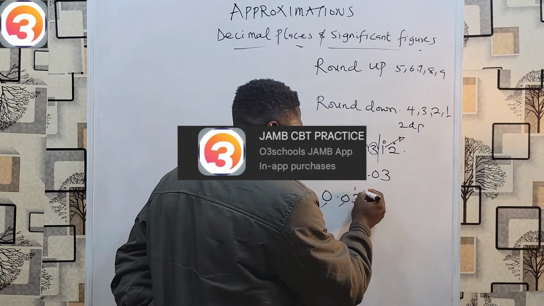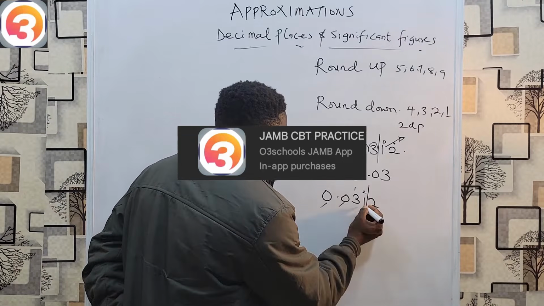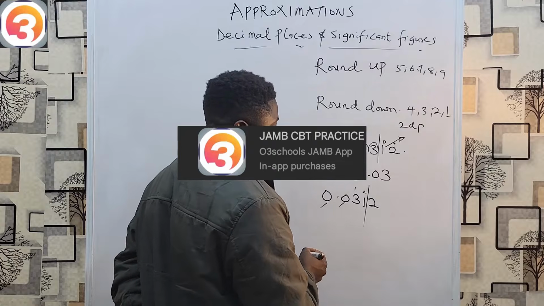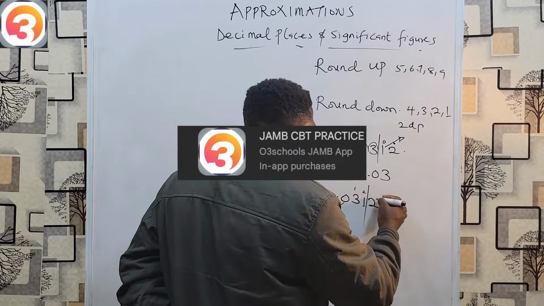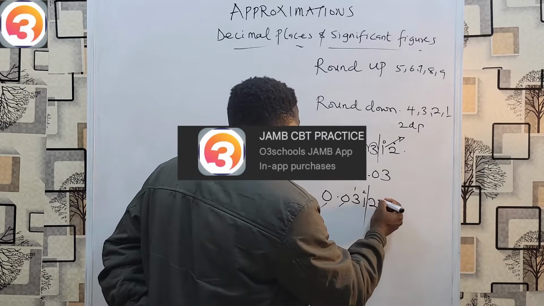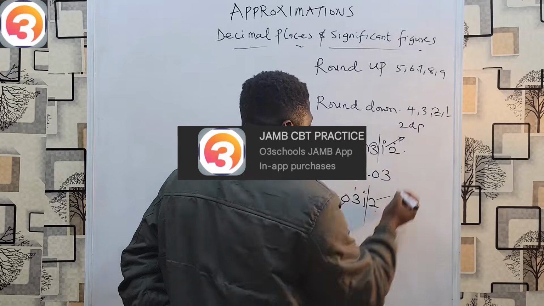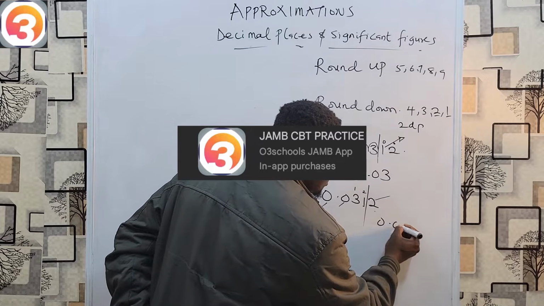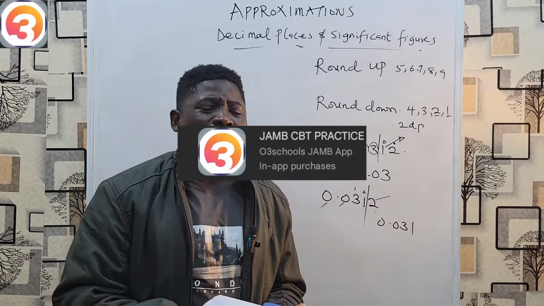Then the second one is this 1. So this 1 is the number we are considering. The next digit to it is 2, so it is this 2 we are rounding up or down. Do we round up 2 or round down 2? We round down 2. So our answer becomes 0.031.